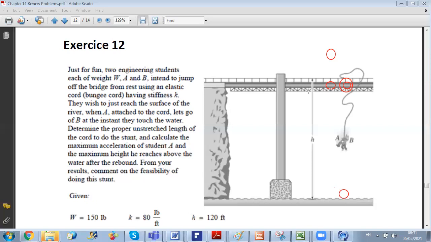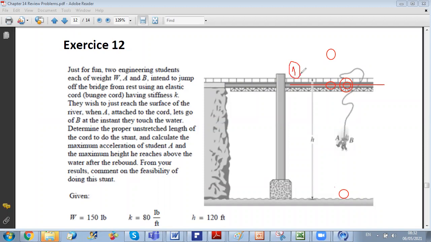Let's see it by calculation. First, at the initial state when both of them were together, this was the initial state at this level. Okay, so this is state 1.